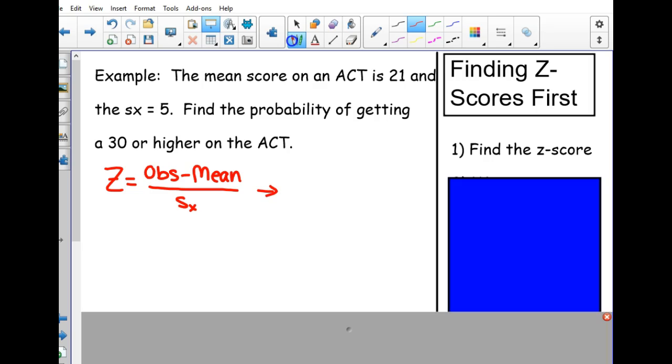I got a 30 on the ACT. So z is equal to 30 minus the average, which is 21, divided by the standard deviation, which is 5. And what do we get for our z-score? 1.8. Is that correct? Did everyone get that? Perfect. Does anyone have questions on how we got 1.8?